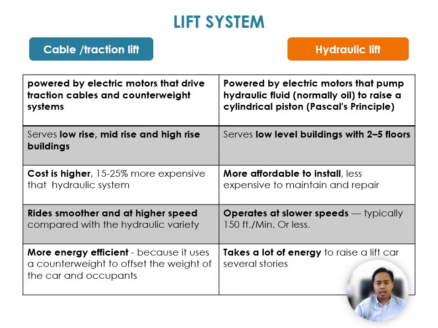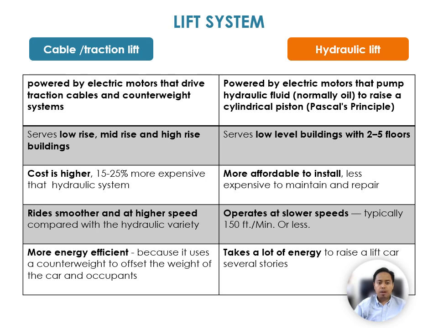Basically, there are two types of lift system technically. On the left side is cable traction lift, and the second one is hydraulic lift. We can see on the table what the differences are. Let's start with number one.